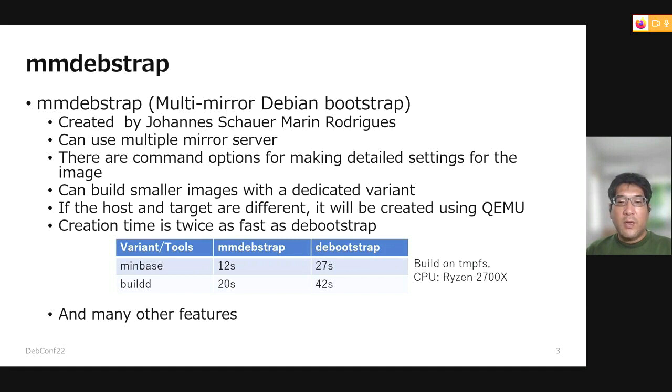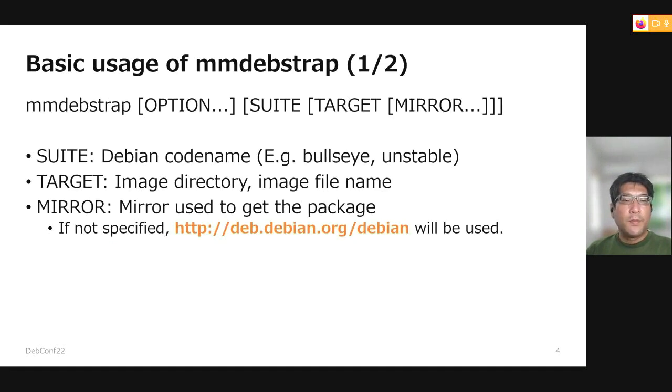There are also many features not covered in this presentation. If you are interested, please check the man page of mmdebstrap. Next, we will explain how to use mmdebstrap. When creating images, the suite and target arguments are required. Please specify a suite such as bullseye or unstable, and others.